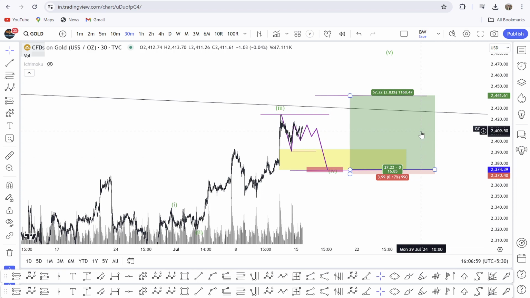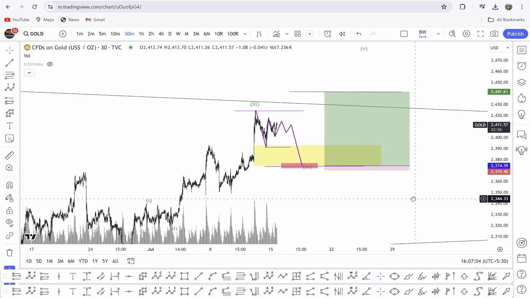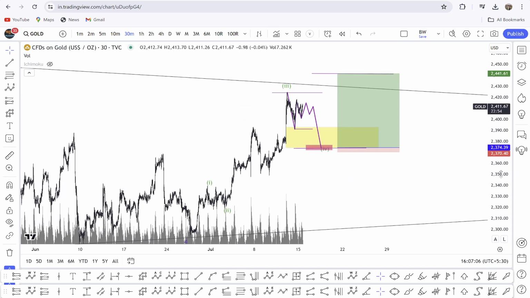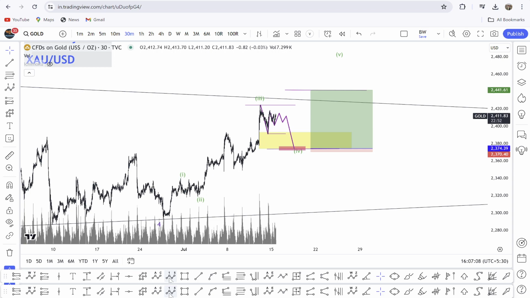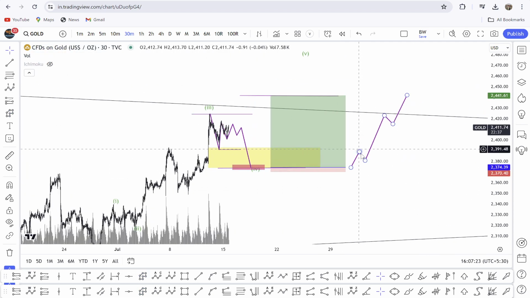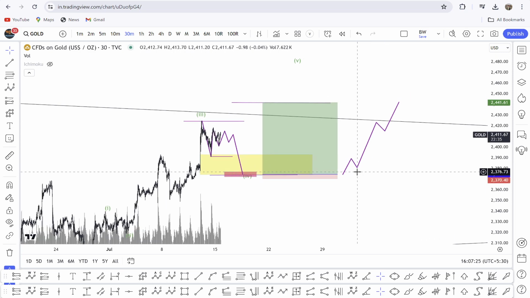So you can see here a risk reward of up to 16, and you can increase the lot size if you find waves like this, 1, 2, 3, 4, 5. You have to increase the lot size every day with managed risk.